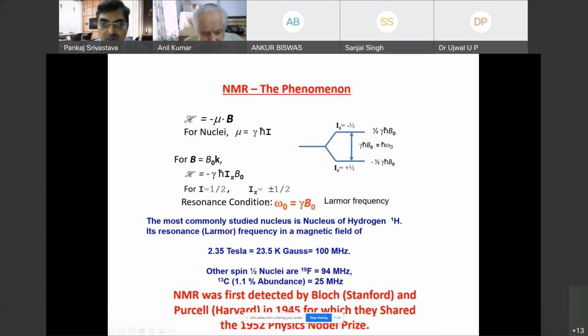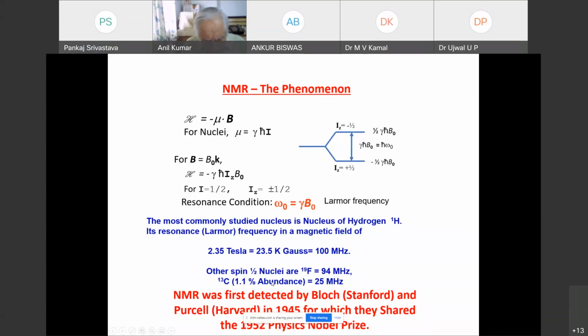The most commonly studied nucleus is the nucleus of hydrogen. Its resonance Larmor frequency in a magnetic field of 2.35 Tesla is 100 megahertz, or in Gauss, 23.5 kilogauss. Other spin-half nuclei are fluorine 19, which resonates at 94 megahertz at the same field, and carbon 13, which is naturally 1.1% abundant, but we can enrich it to get a better signal.